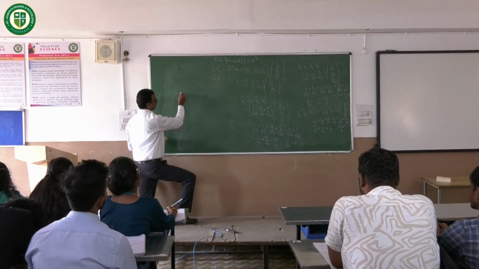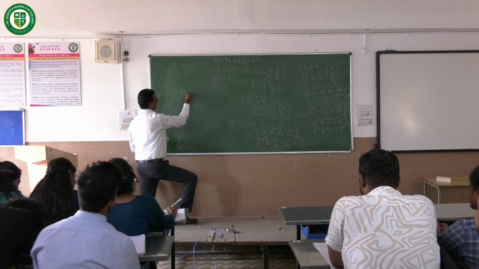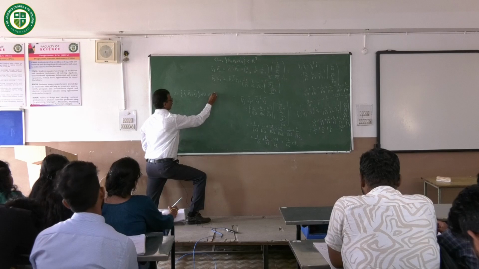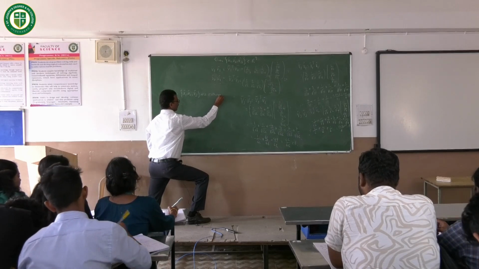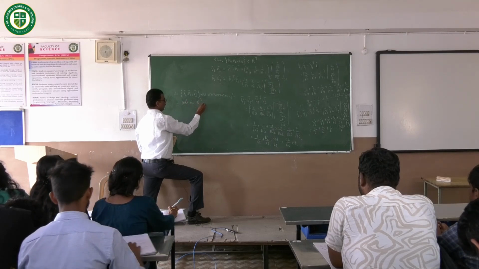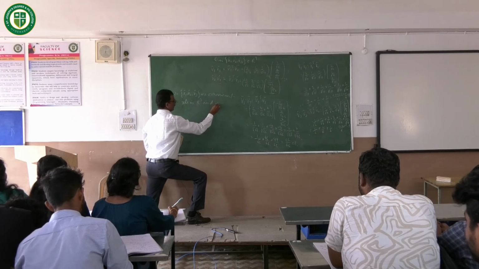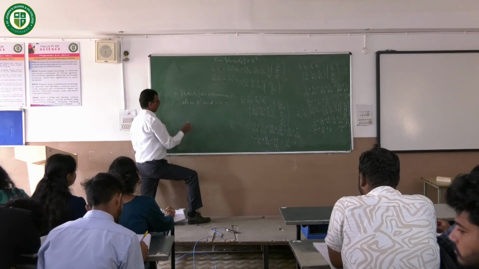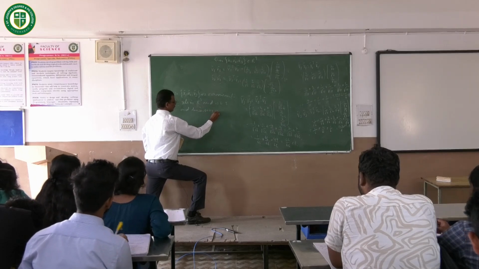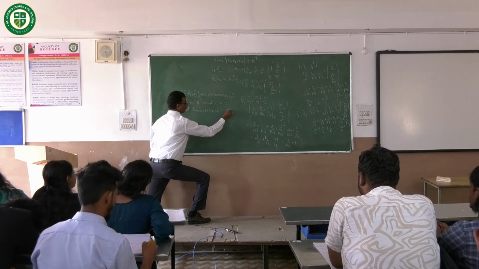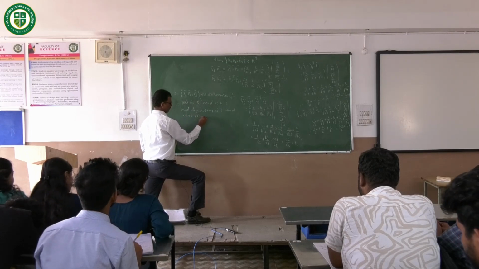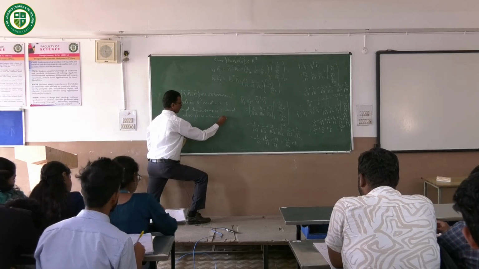You write here: the set of V1 bar, V2 bar, V3 bar are orthonormal sets in R power 3 and are linearly independent and the dimension is 3 and also form a basis in R power 3.